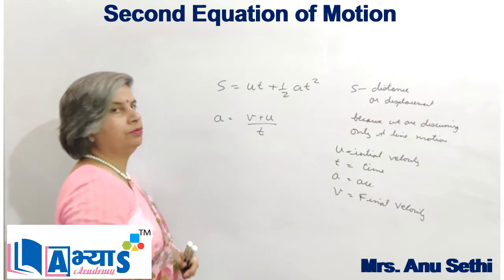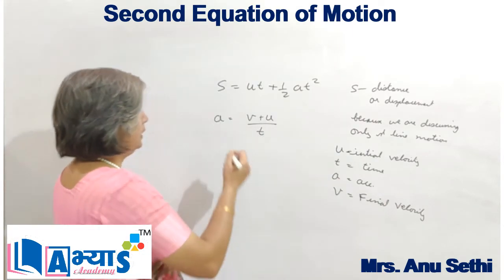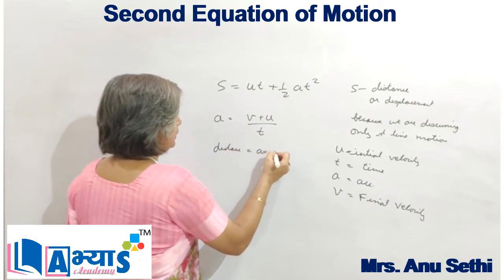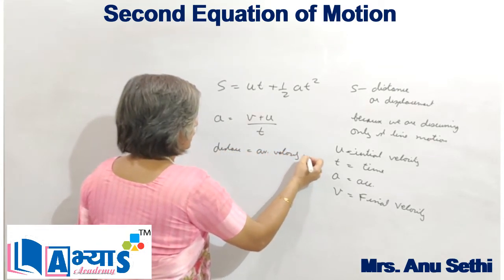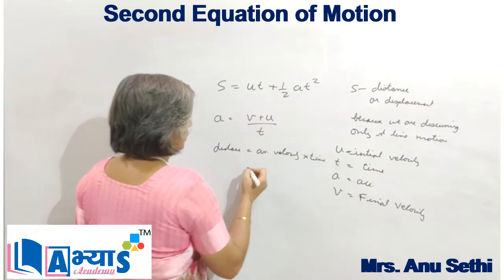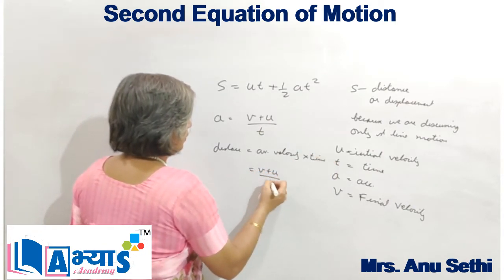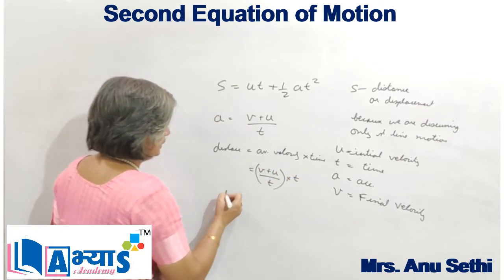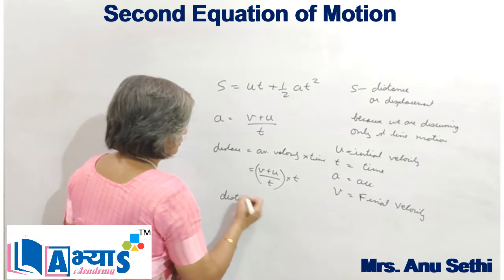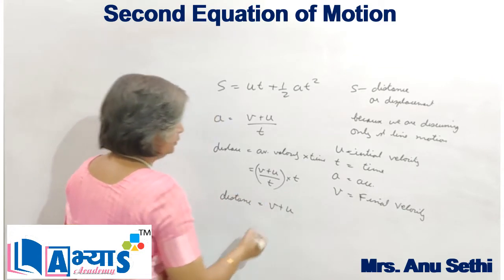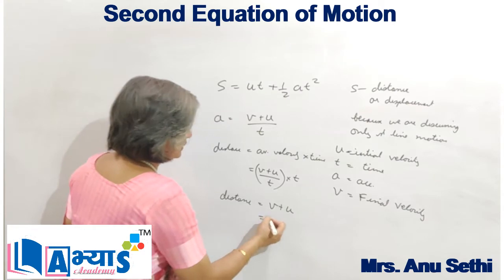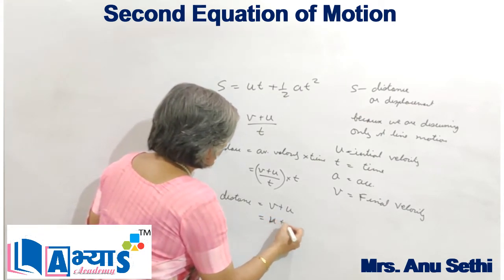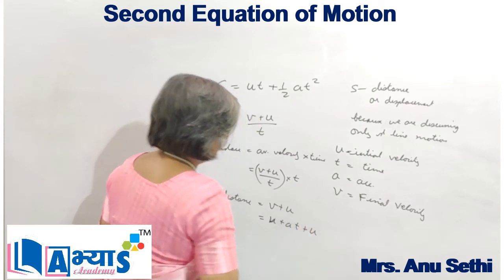So distance is equal to average velocity into time. We know that v is equal to u plus at, so v is equal to u plus at plus u.